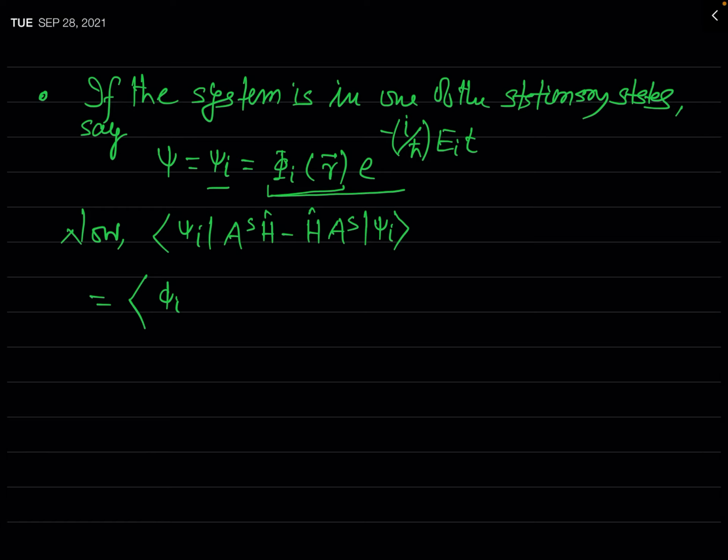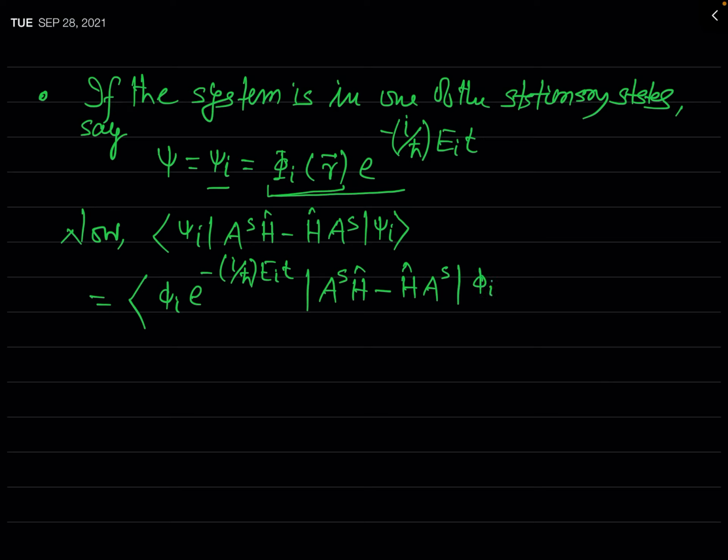So write only phi i times e raised to the power minus i over h bar E_i t, and A H hat minus H hat A and ket psi i.